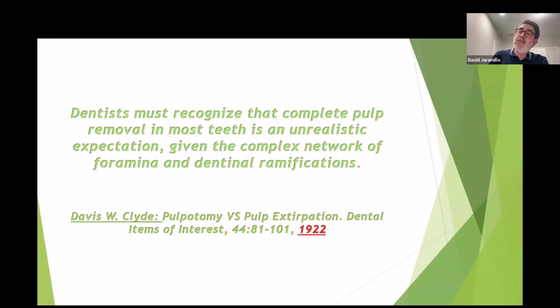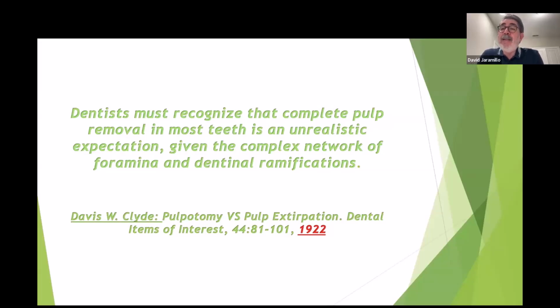So I would like to start with this one because this is funny. Dentists must recognize that complete pulp removal in most teeth is an unrealistic expectation, given the complex network of foramina and dentinal ramification. This was said by Davis Clyde back in 1922, over 103 years ago.